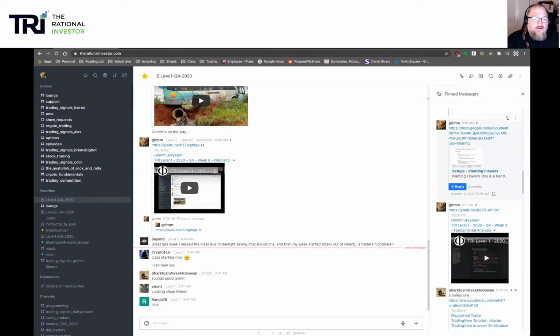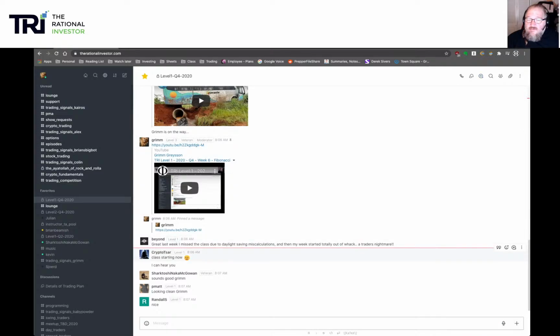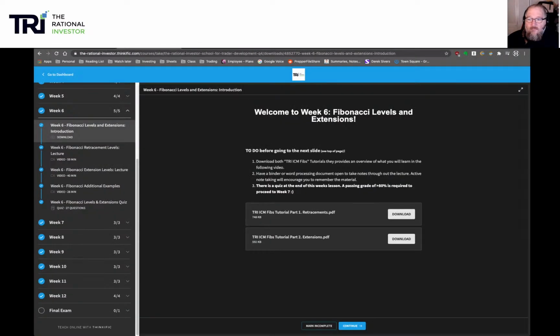There it is, planting flowers. All right, so all 3 of those are shared. They're in the pinned items. I'll be referring to those a little bit, and we're not there yet, but we will be getting into examples in each of those setups of the tools that we're learning as we go through these next few weeks in level 1. Okay. So this week in particular, we're talking about Fibonacci retracements and extensions.